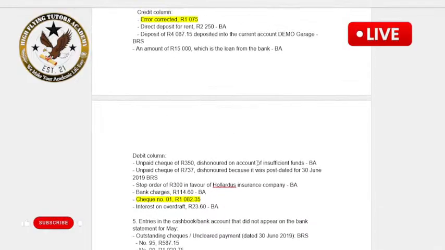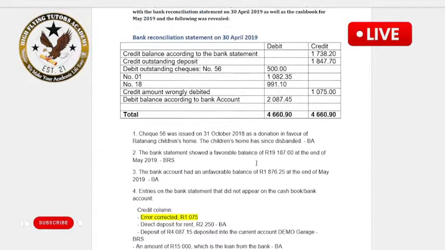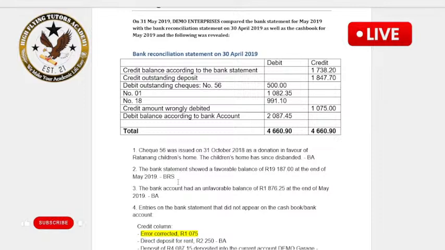So I'm going back to the first transaction. Number 1, we are going to start with the bank account, right? So on transaction number 3, the bank account had an unfavorable balance of 1,876.25. This amount is an unfavorable amount of the bank account.